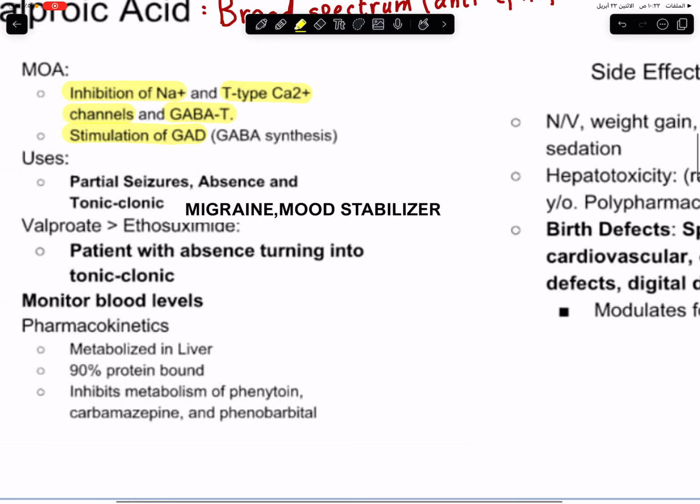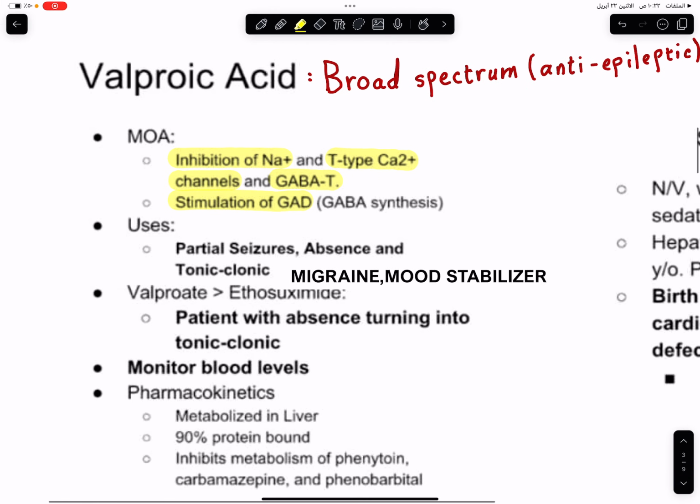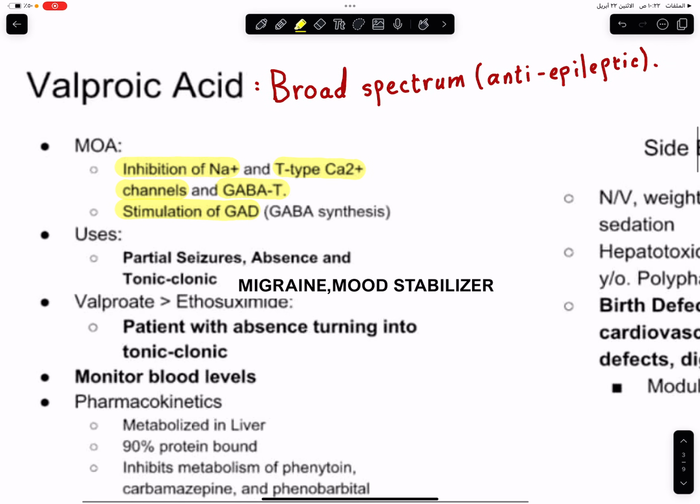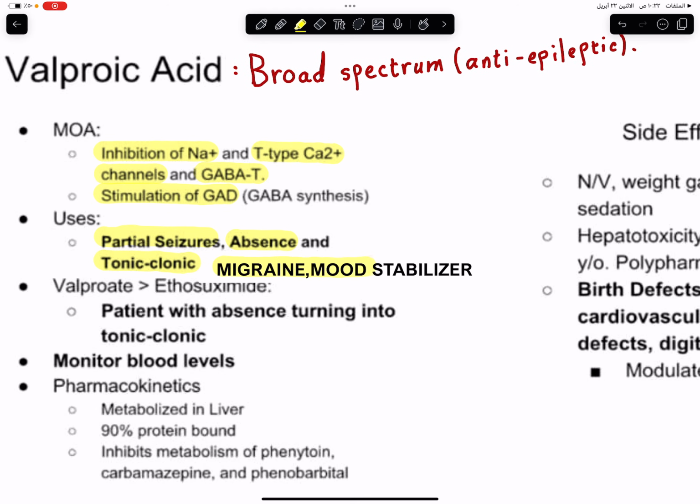Valproic acid and ethosuximide: a patient with absence turning into tonic-clonic. This is the only condition, although we are not going into details. In absence seizures, the drug of choice is ethosuximide.